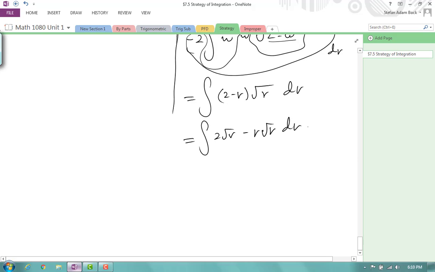And I can do that integral just fine because that's just the power rule. That's r to the 1/2 plus 1 is 3/2. So that's 2 times 2/3 r to the 3/2 minus, that's r to the 3/2, so that's 2/5 r to the 5/2 plus c. And then I gotta undo all of my 3 substitutions.